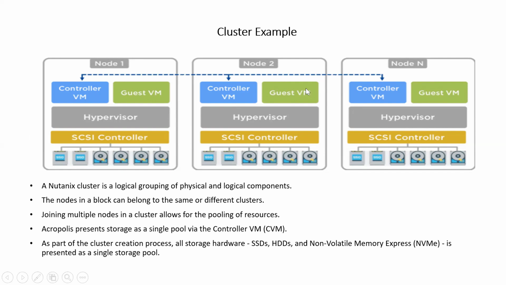Whenever we create a cluster, it's not like if we have a four node block, we need to use all four nodes in a single cluster. We can have that bifurcation. We can use two nodes for one cluster and two nodes for a different cluster.